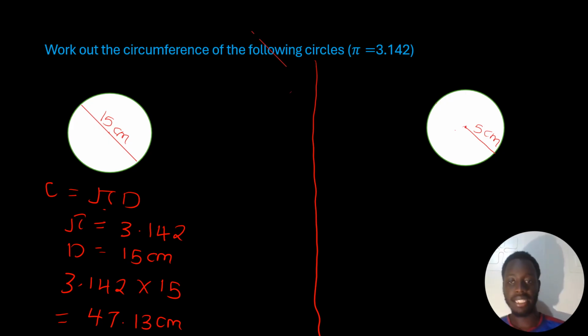We know that when we use radius, our formula is circumference is 2 pi r. So we have pi as 3.142 and radius is 5 centimeters. Let's substitute the values of pi and r in the formula. So we have 2 times 3.142 times 5.